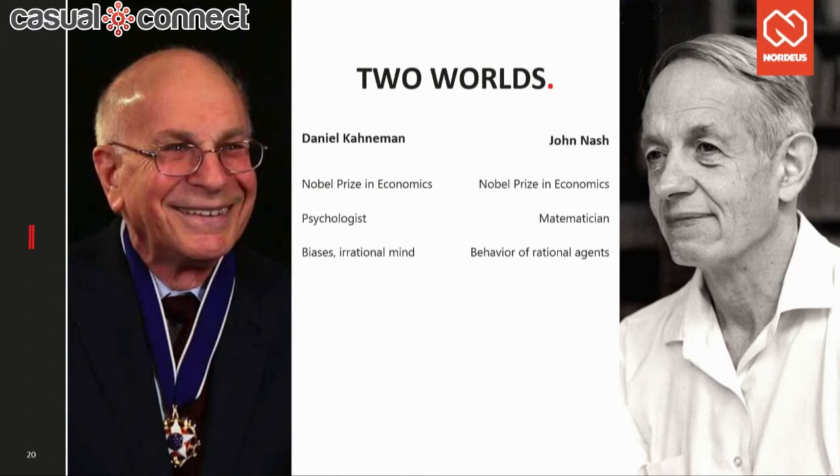Daniel Kahneman is well known for the book Thinking, Fast and Slow, and he's the guy who introduced us to biases in decision making, and John Nash gave us mathematical tools to reason about the behavior of so-called rational agents.